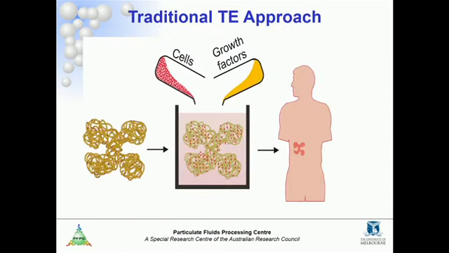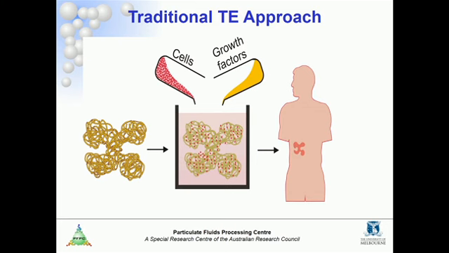So traditionally, tissue engineers simplistically thought, well, if we could get some kind of scaffold, a sponge, and make that in the shape that we needed, add cells, maybe add growth factors or other molecules that would help those cells to grow, we could culture that in the laboratory, the cells would stick on the surface, they would grow, and voila, we'd have a new piece of tissue that we could implant into the patient.